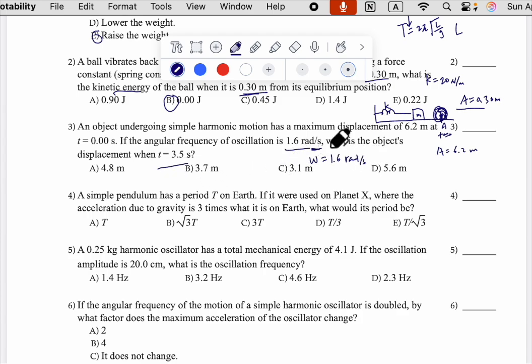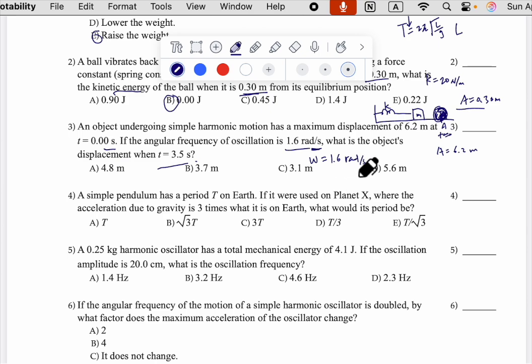Well, we ask you about the position at a certain time, so you have to know the position-time relationship. At t equal to 0, the displacement is here. The object is at maximum displacement at 0.